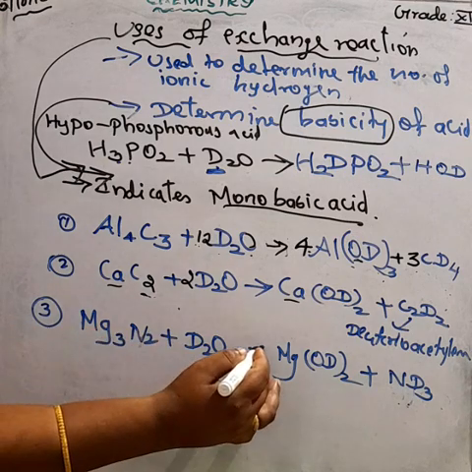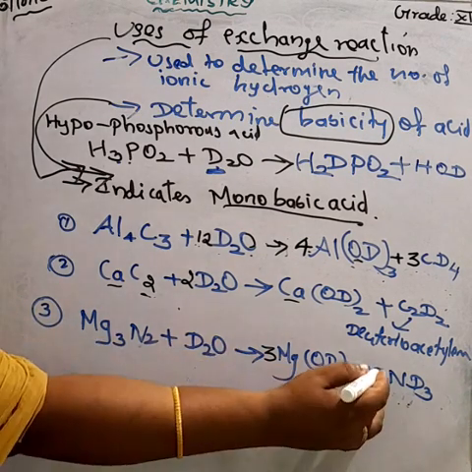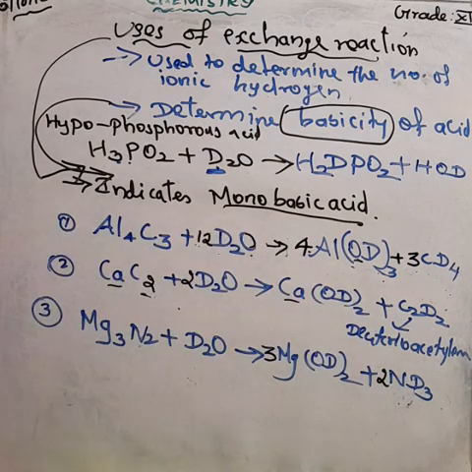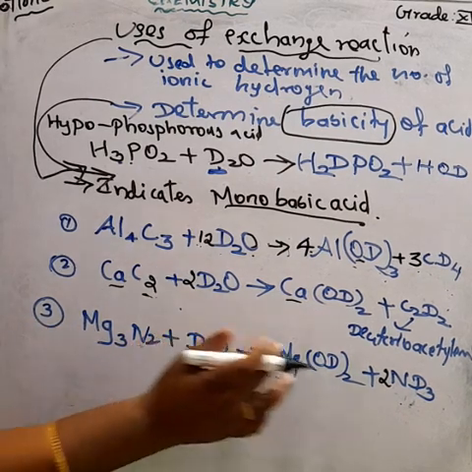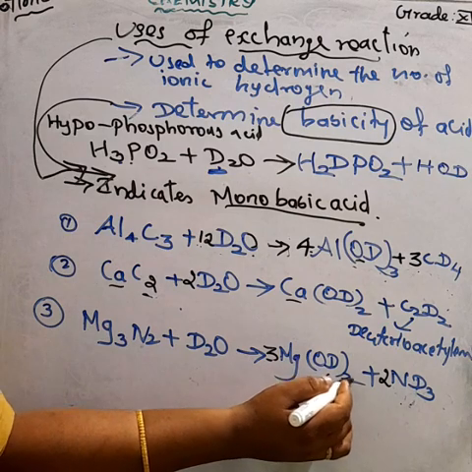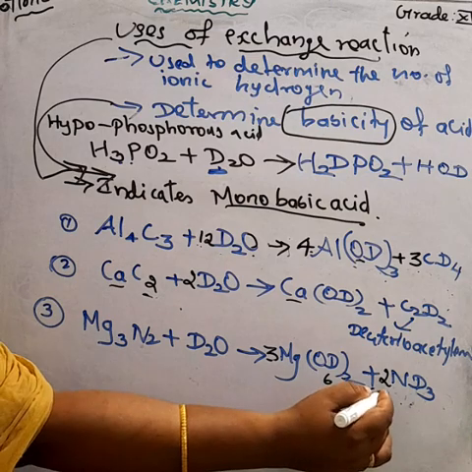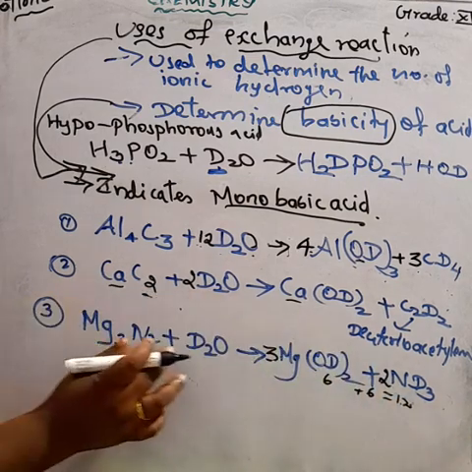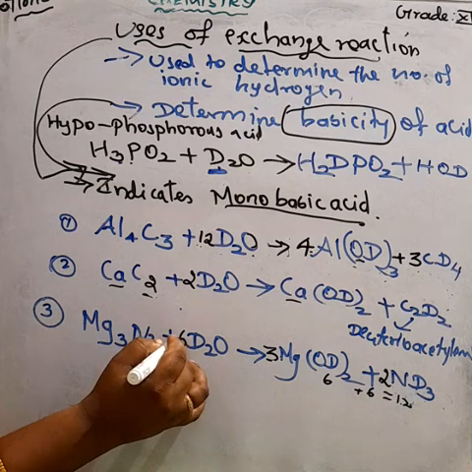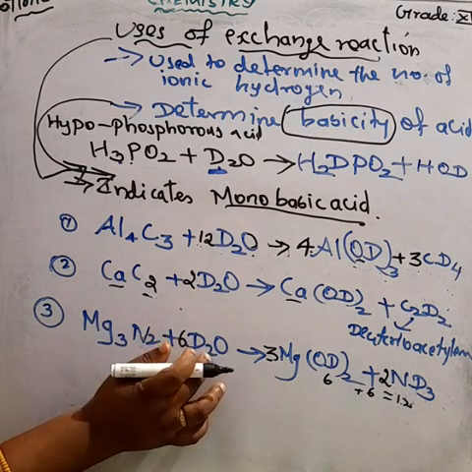In the next equation, how much magnesium? 3 magnesium, but here only 1, so we make it 3 magnesium. And nitrogen, 2 nitrogen, so we make 2 here, deuterium ammonia. And deuterium, how much here? 2, but here 3 2s are 6, and 2 3s are 6. 6 plus 6, 12 deuterium, but here only 2, so we have to make it 6. 6 2s are 12 deuterium.